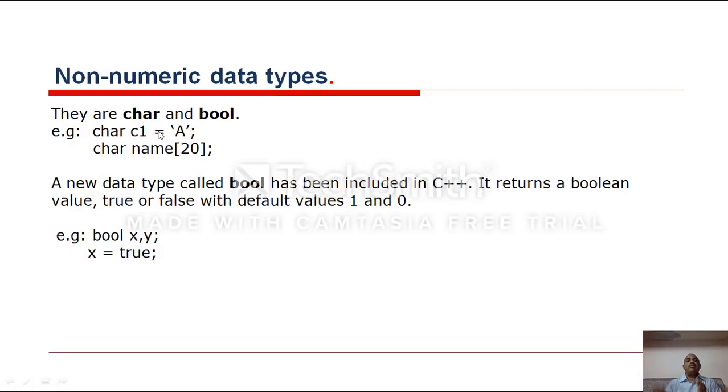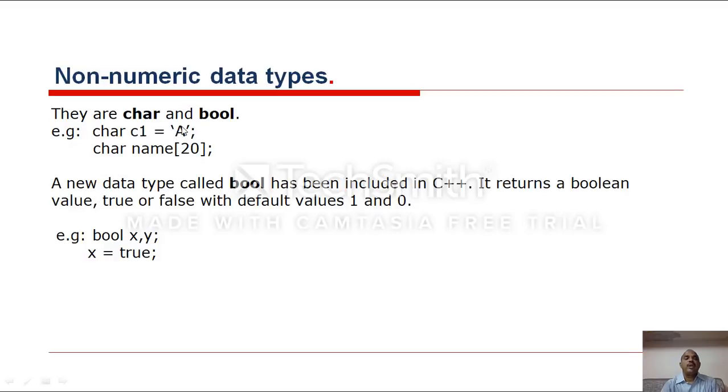The right side value is assigned into the left side operand with the help of the assignment operator. The 'A' value is a single character constant, because it is enclosed within single quotation marks. That's why it is called a character constant.